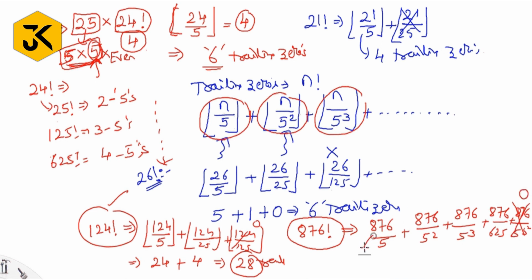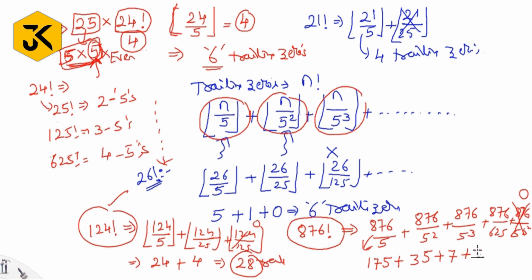So for 876 by 5, what will you get? 5 1s are 5, 5 7s are 35, and 5 5s are 25, so 175. Plus 876 by 25: 25 3s are 75 and 25 5s are 125, so you will get 35. Next, 876 by 125: I have already calculated, 125 7s are 875, so you will get 7.